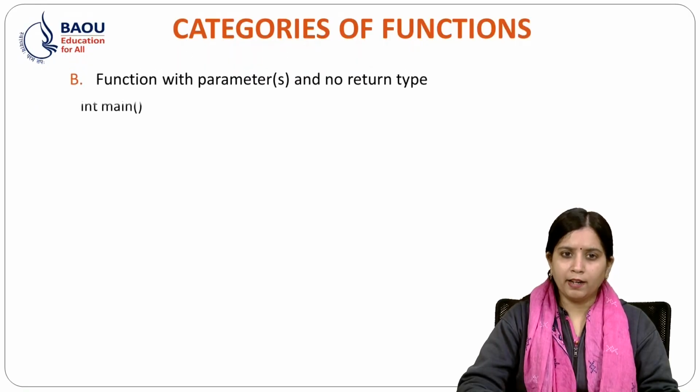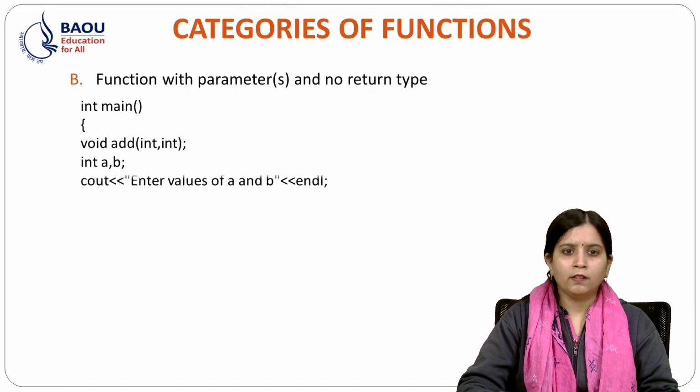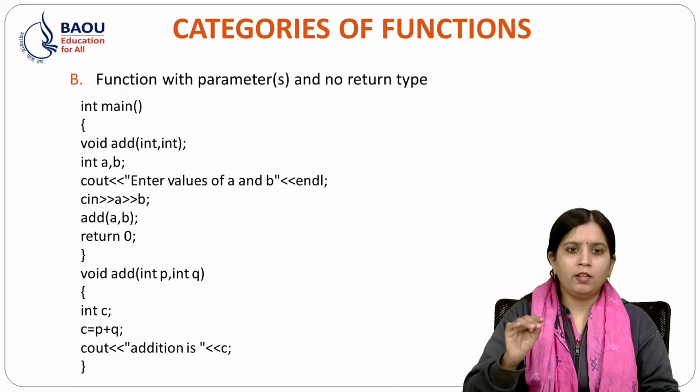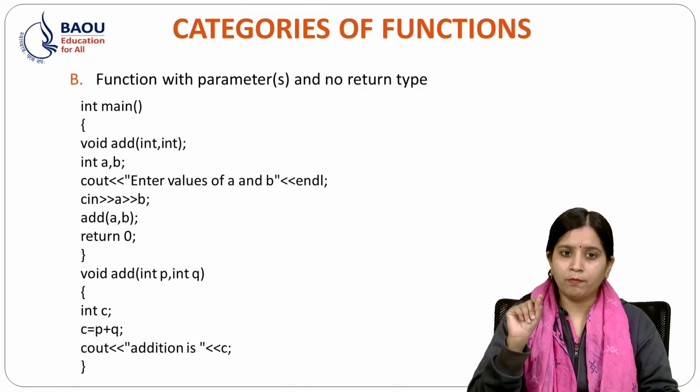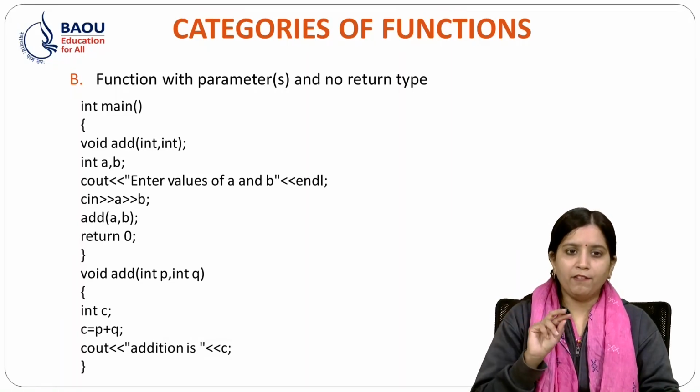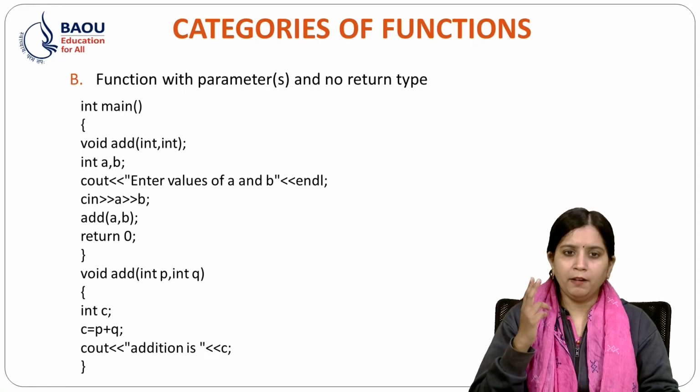Let's see the second category, that is function with parameters and no return type. So here void add int. I have prototyped that this is the function, and I have taken int a and int b. Enter values of a and b.